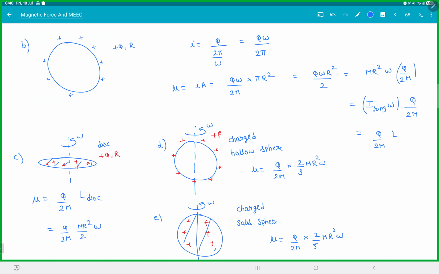Clear with this? What if the distribution is non-uniform? So let's say we have a disk whose charge density sigma is equal to sigma naught x.